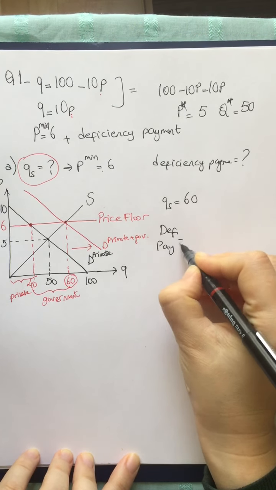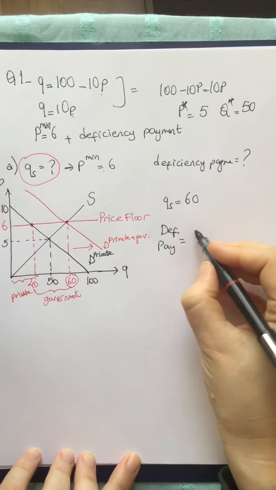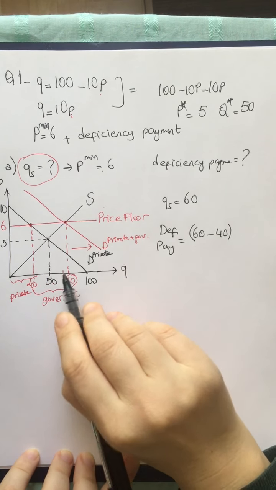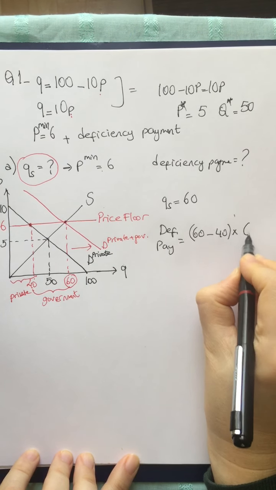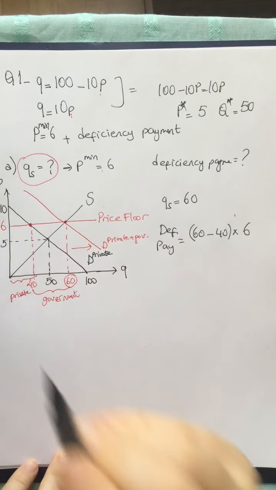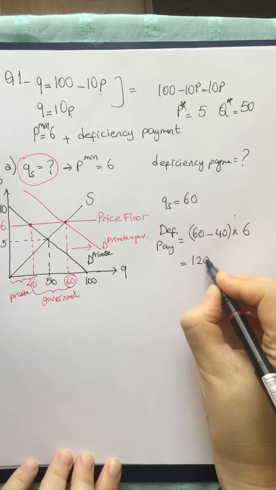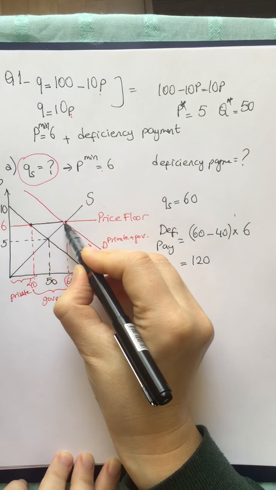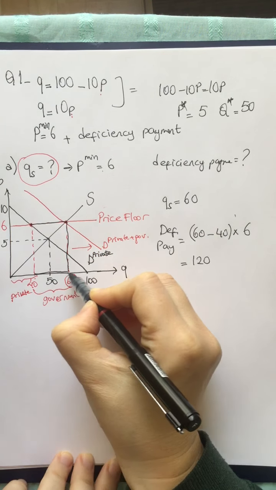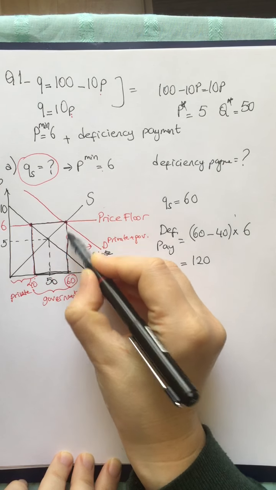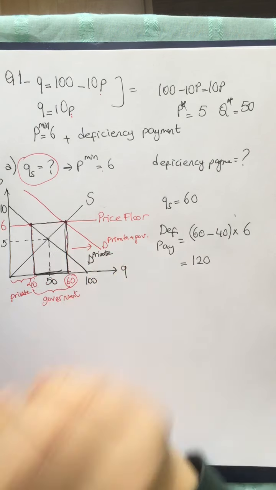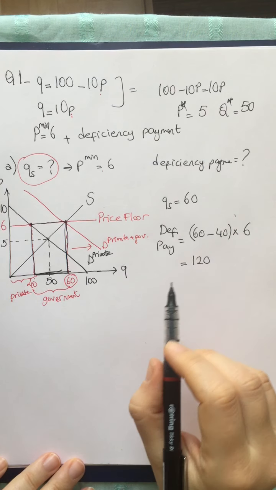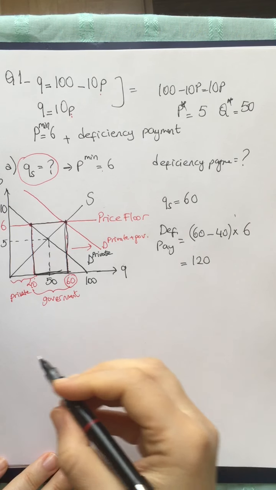The government will buy 20 units, 60 minus 40, and the price is again determined by the government as 6, so the deficiency payment of the government is 120. That area is the deficiency payment of the government. It will buy 20 units at 6 liras, so the government will pay 120 liras to the producers.